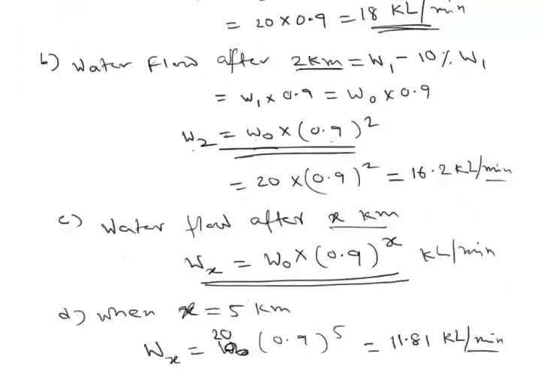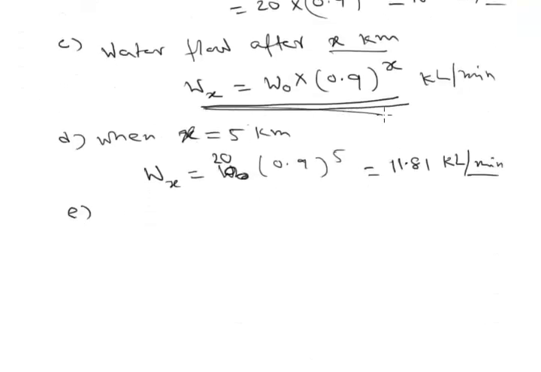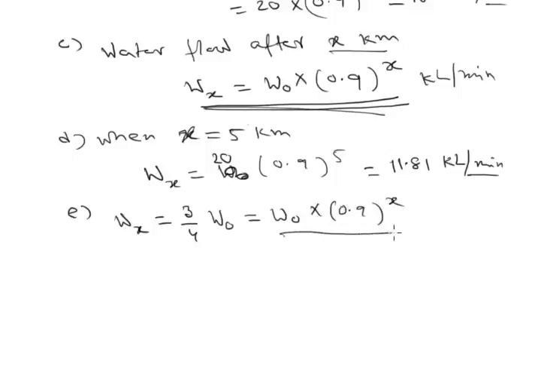If we use the general relation, Wx, the flow rate after x kilometer, equals W0 times 0.9 to the power x. This is the flow rate after x kilometer, which is 3/4 of the initial flow rate.